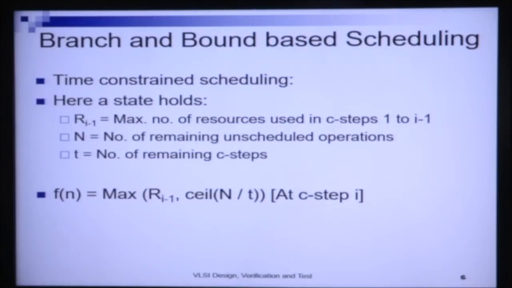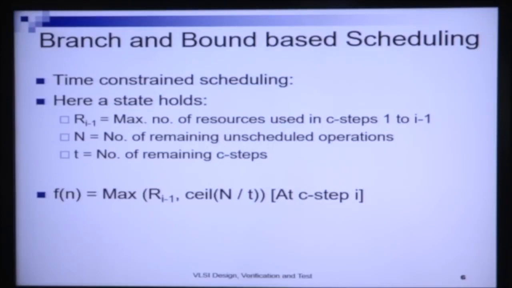So the answer for this path will be 3 resources. So what is basically the answer in the time constraint scheduling problem? It is the maximum number of resources that has been used up in any time step in that particular solution from the root to the leaf, right? So that will give me a solution.